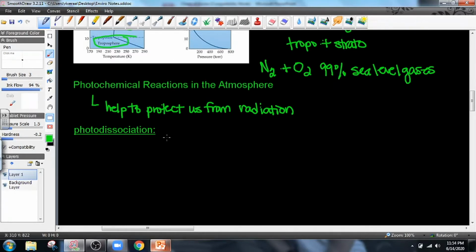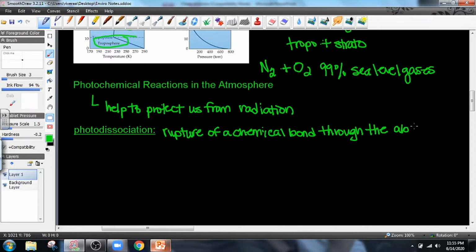So photodissociation is the rupture of a chemical bond through the absorption of a photon.